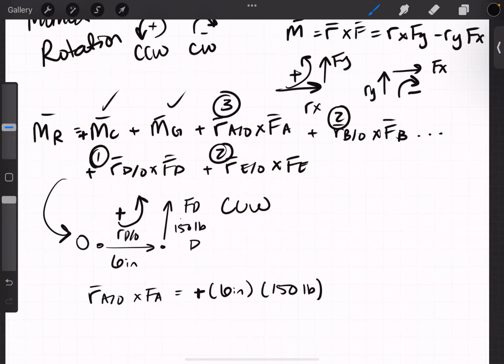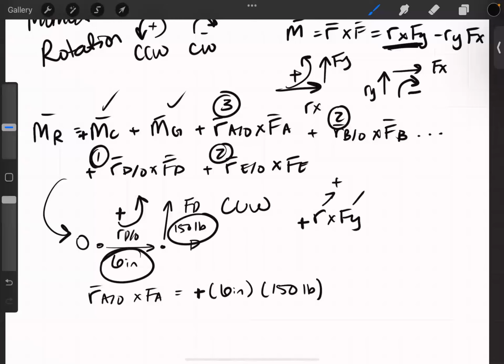If we were to look at our moment equation here, we see that Rx Fy is positive, and what we have here is Rx and Fy. That's all we need. Both of these are positive individually. Therefore, our total answer is positive, which is nice. So this one's a little bit elementary to do both ways, but we will continue doing that.